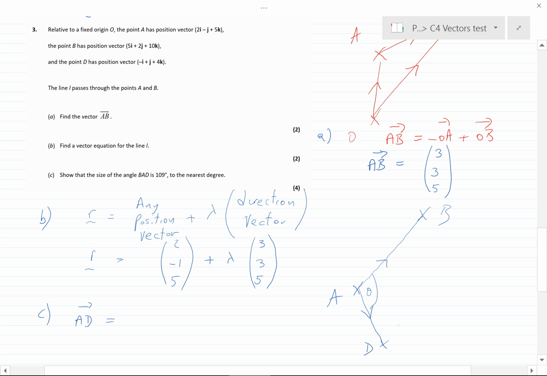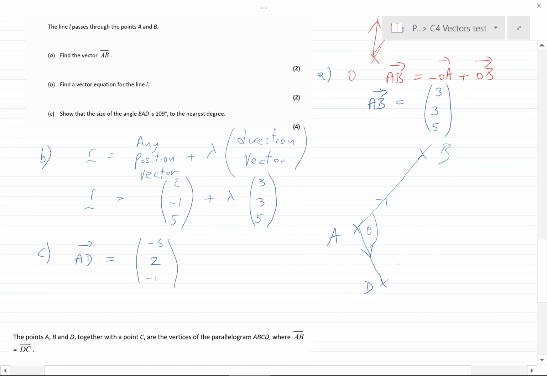Okay, and it wants BAD, so the vector D. So again, we're taking the A from D, so that's minus 1 take minus 2, so that's minus 3, and 1 take away negative 1, which is equal to 2, and 4 take away 5, which is equal to minus 1.